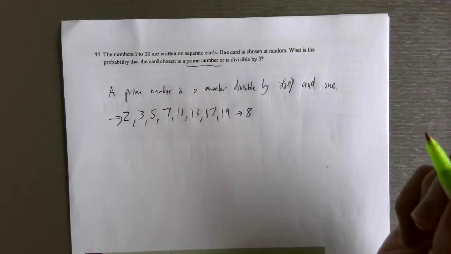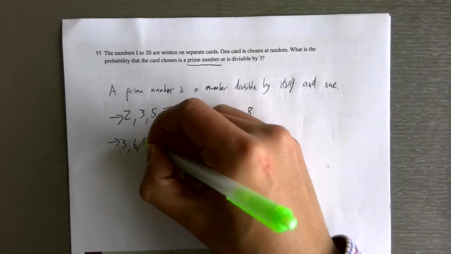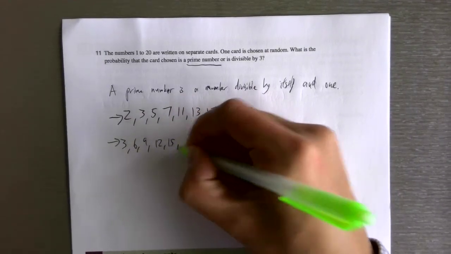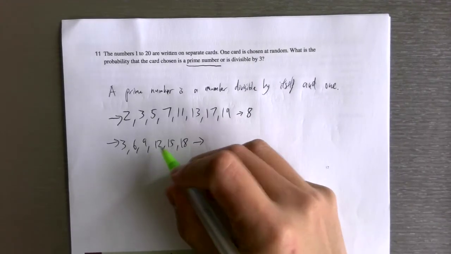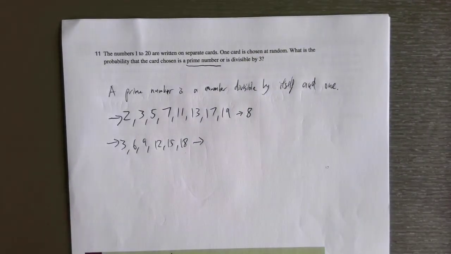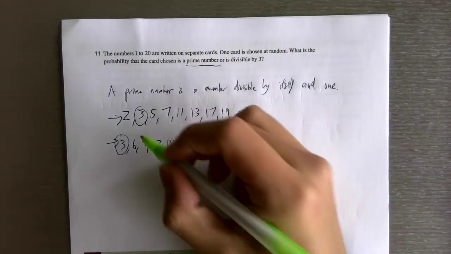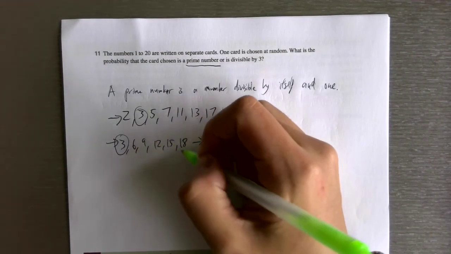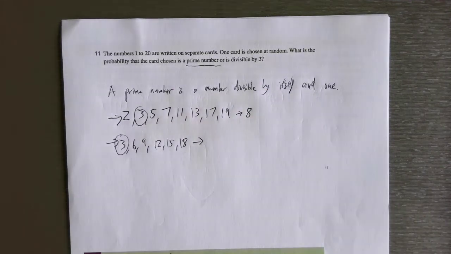And now we've got to work out the numbers that are divisible by 3. Now, 3, 6, 9, 12, 15, 18 are all numbers divisible by 3. There are 1, 2, 3, 4, 5, 6 of them. However, 3 is a number that's up here, and that's the only number that's doubled up.